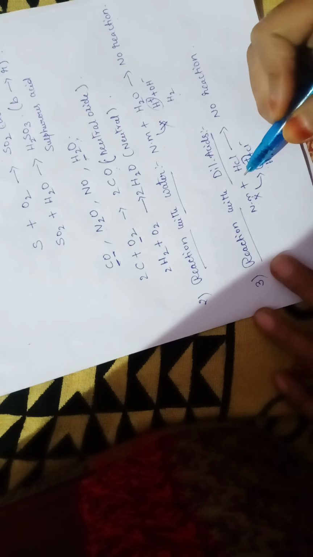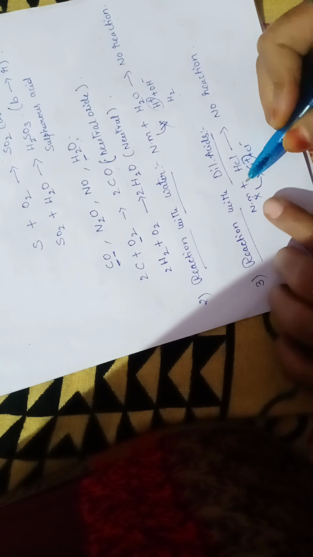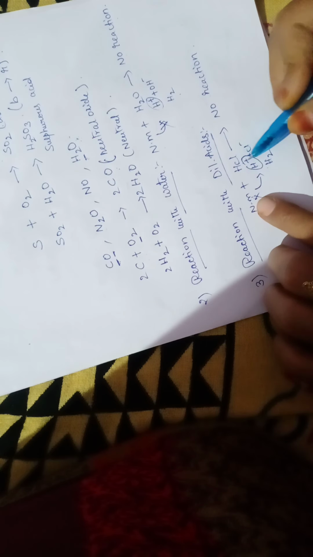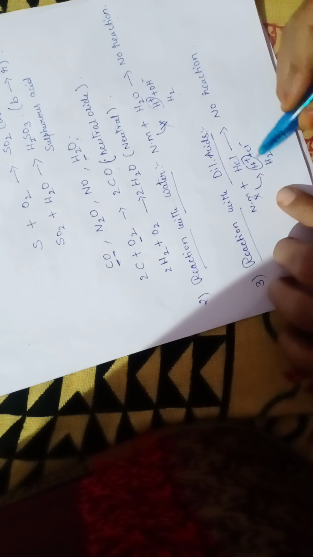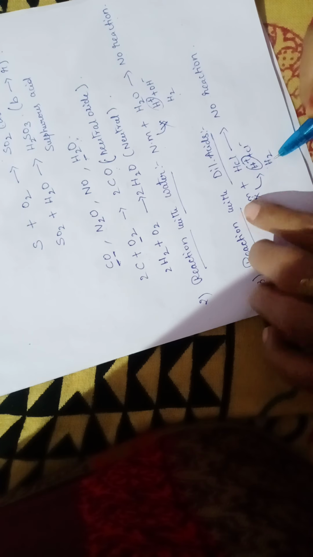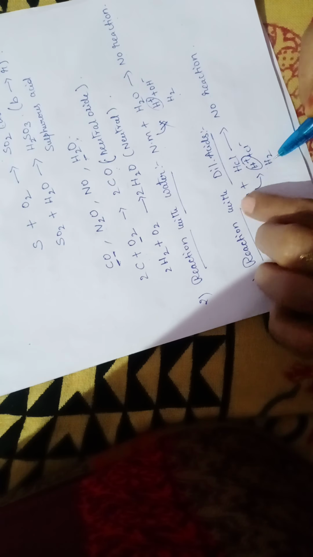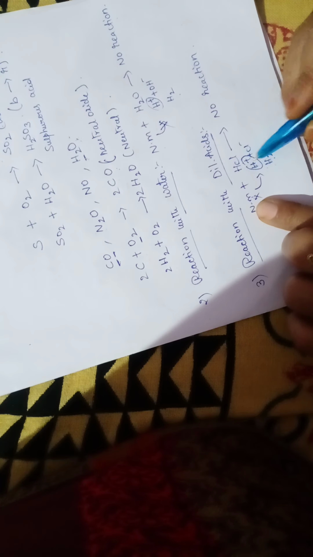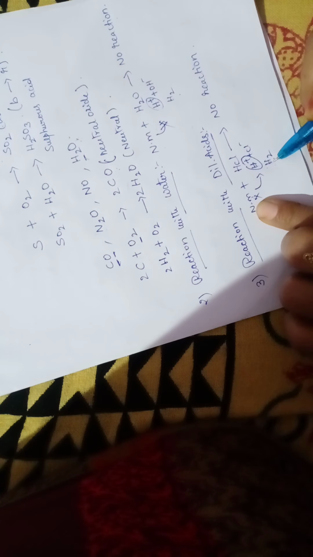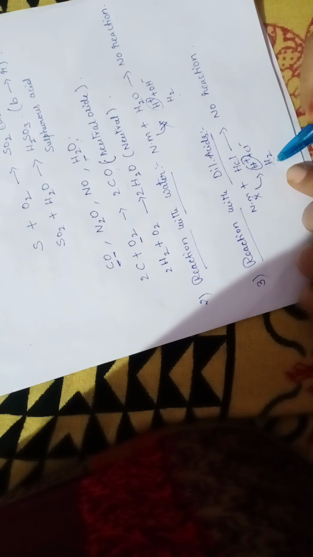acid. Non-metals are not able to displace hydrogen from acids. In order to displace these hydrogen ions and convert them into H2 gas, electrons should be supplied. Being a non-metal, it is an acceptor of electrons, so it cannot give electrons to the hydrogen ions of the acid to reduce them to hydrogen gas.